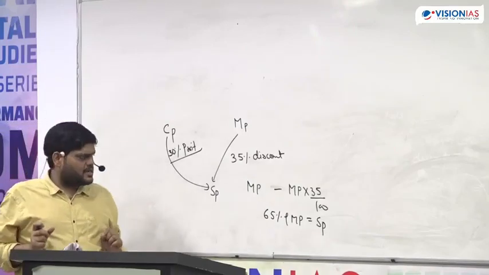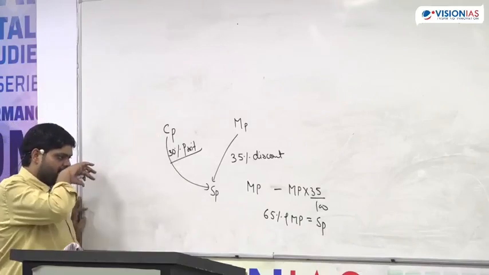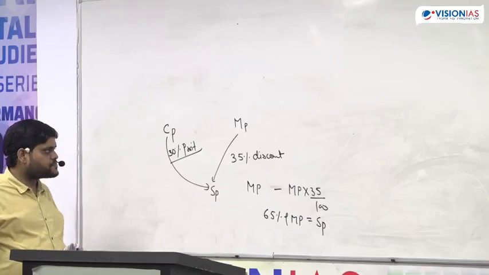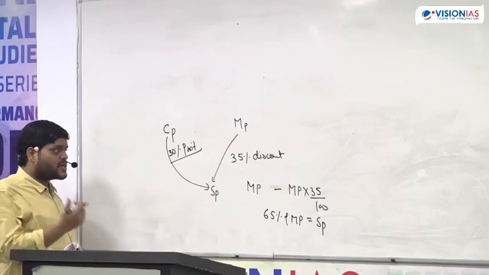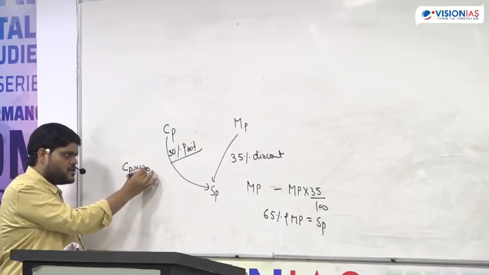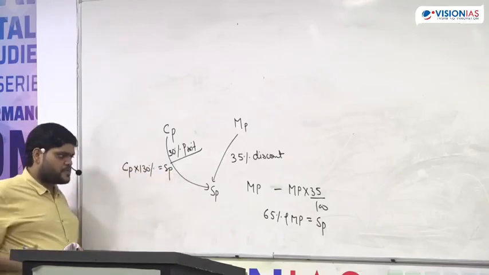We know all this. So when calculated on cost price, CP becomes 130%, and that is equal to SP.